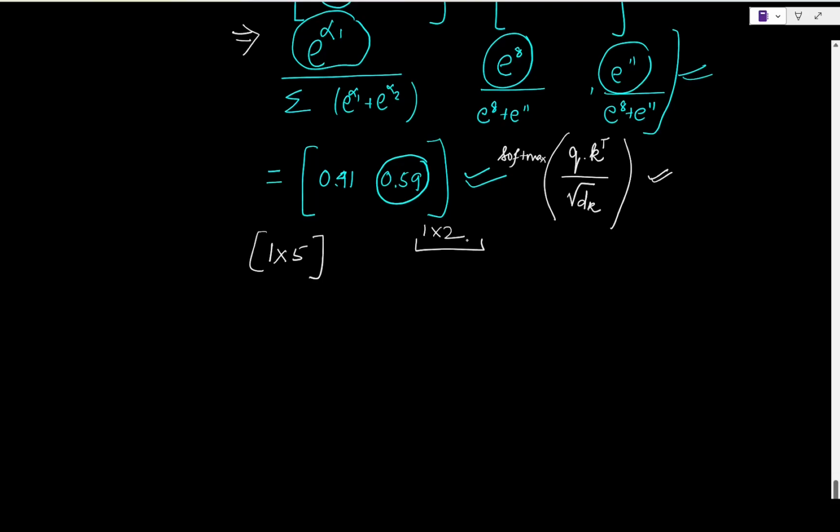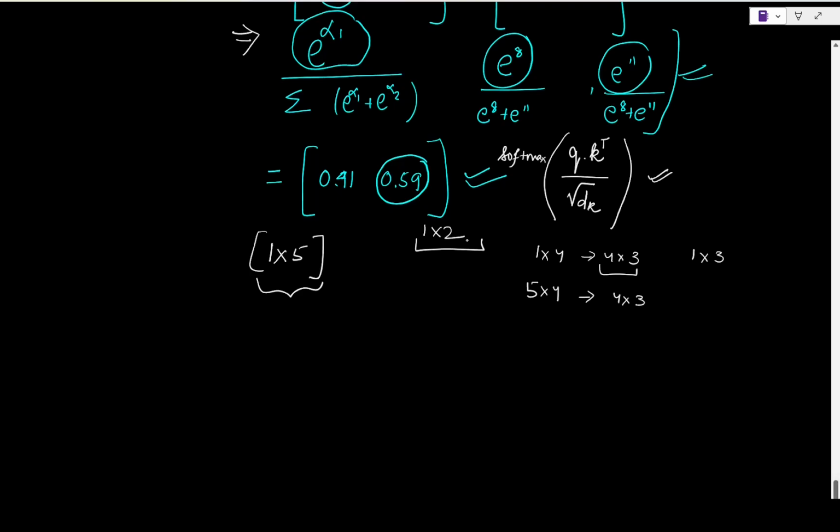Just for people who are getting confused with dimensions here, my query vector is still just one word, that is Henry. So it was 1 by 4. I project it with a 4 by 3 query projection matrix, and I get a 1 by 3 size. If I take 5 words, originally they would have 5 by 4 dimensions, 5 words, each with dimension 4.